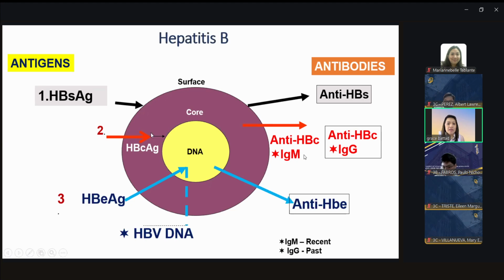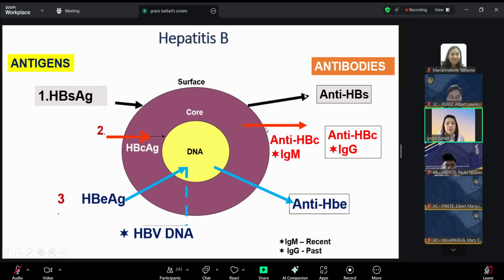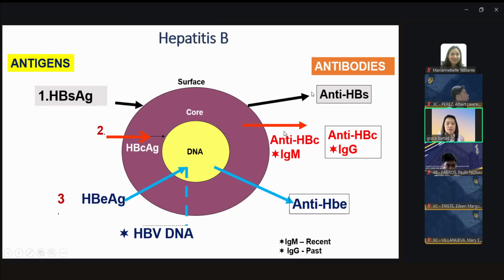In the core, you have your HB core antigen, which is not found in the blood, it's just within the core. But its concomitant antibody would be your anti-HBc IgM, which denotes acute active infection, and your anti-HB core, which is with IgG, which denotes past infection.